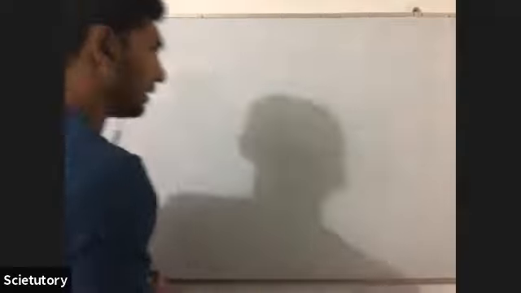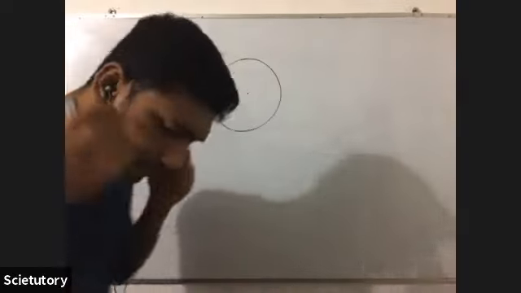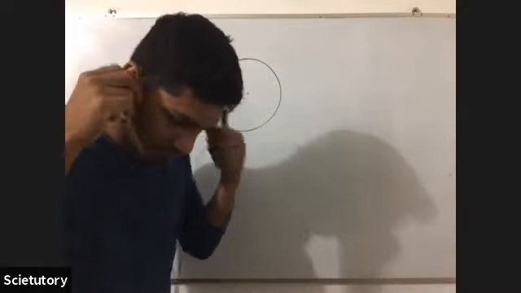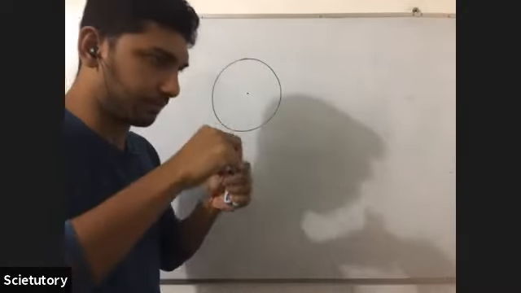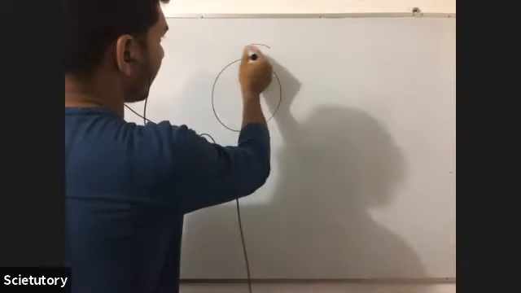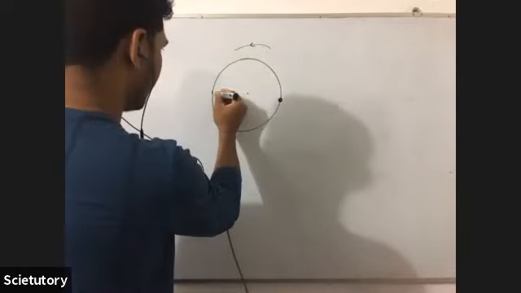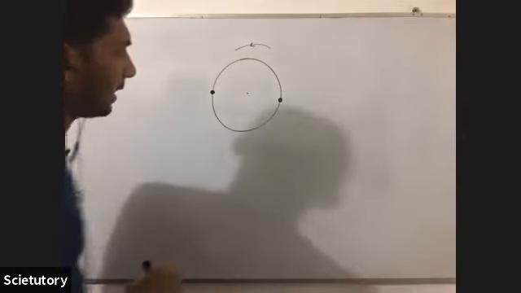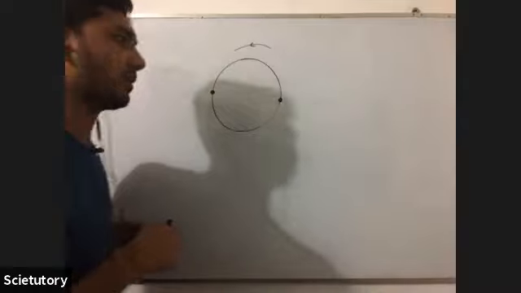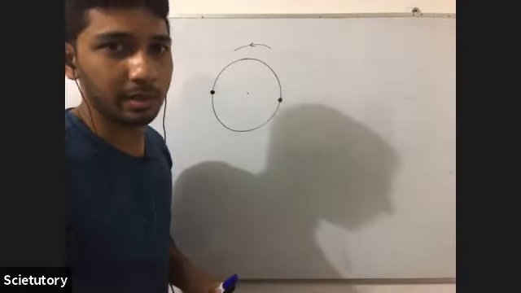Now it is rotating with a constant angular velocity omega. It's a ring. Now two masses come and join the system like this, so there will be an increase in the moment of inertia.